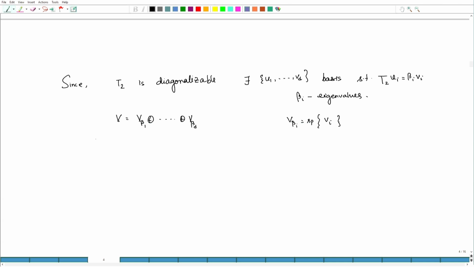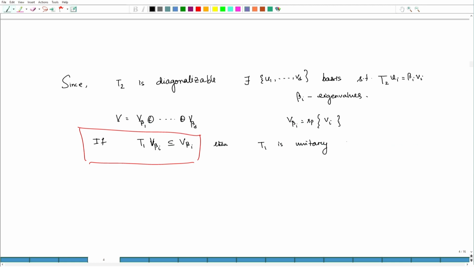If T1 of V beta i is contained in V beta i, which we are assuming, then T1 is unitary on V beta i for each i.